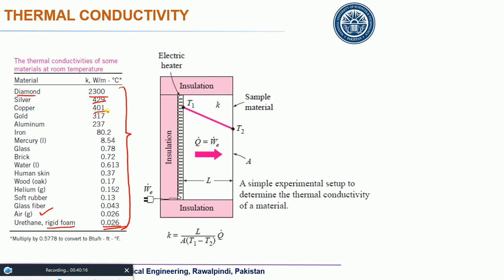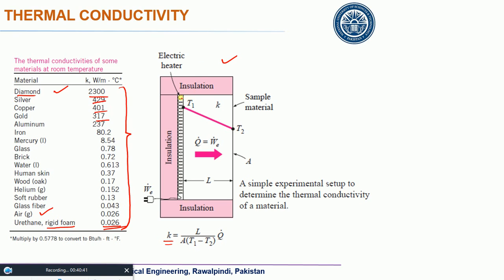Similarly, if you want to have a better conductor, use diamond. But obviously there would be a cost involvement as well. So look at some other choices, right? This figure just represents experimental equipment given in one of the books for the measurement of thermal conductivity. How can you measure the thermal conductivity of any material?